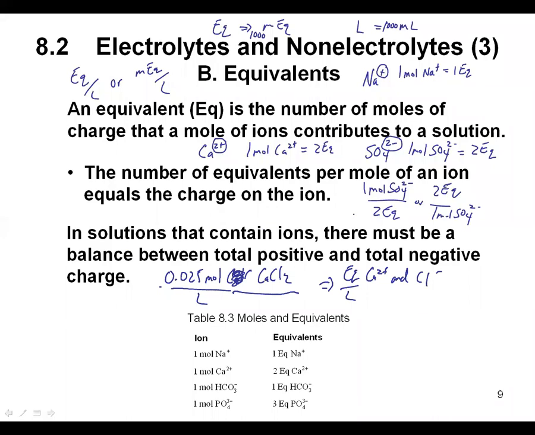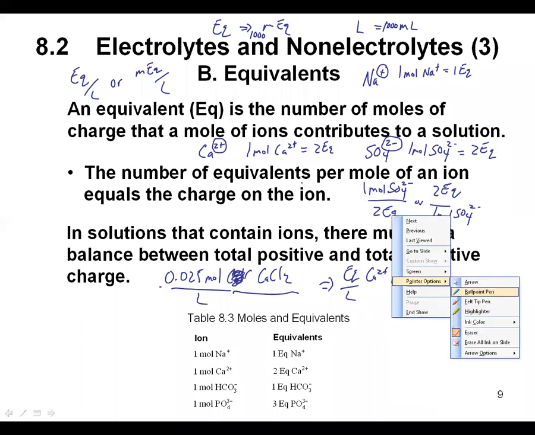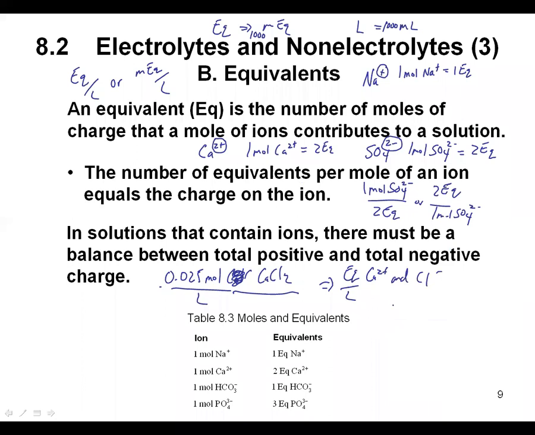So as we saw before, when we take the solution of calcium chloride, when it breaks apart, it breaks into a calcium ion, and in solution we'd actually have 2 chloride ions.